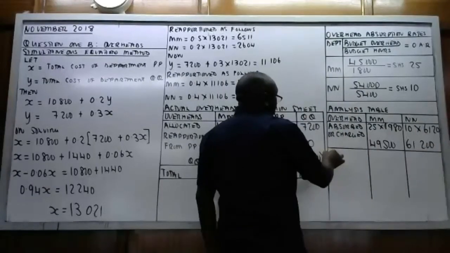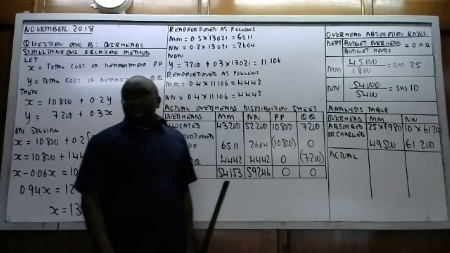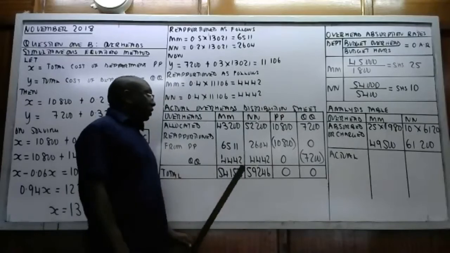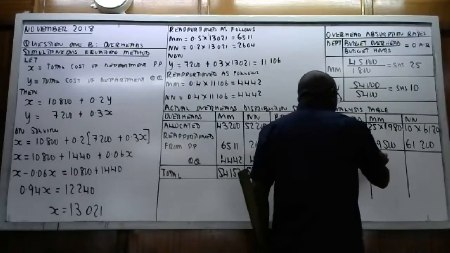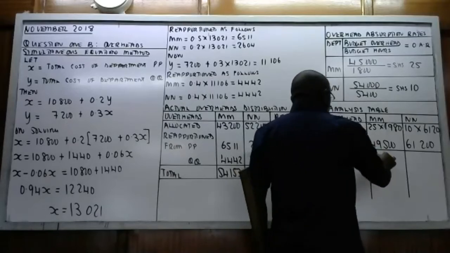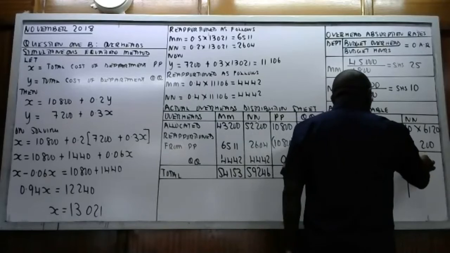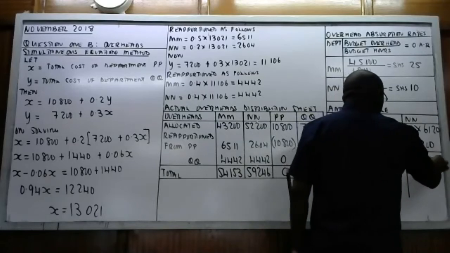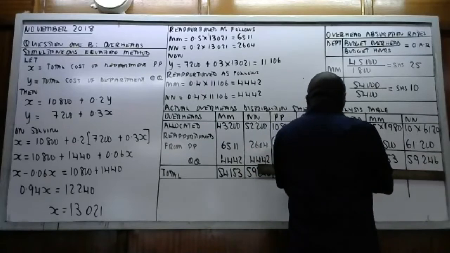Then you bring the actual. The actual is 54,153. And this is 59,246.